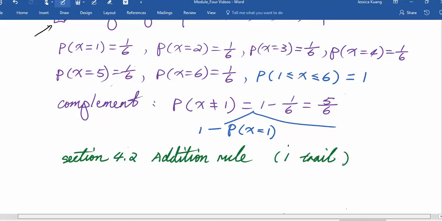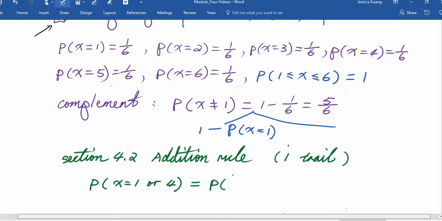And we consider different scenarios. For example, we want to say, what is the probability of getting a 1 or 4? Well, I'm either going to get 1 or I'm going to get 4, so there is nothing in between.